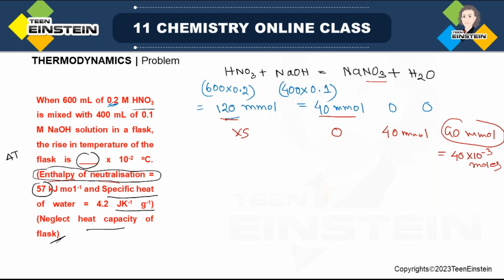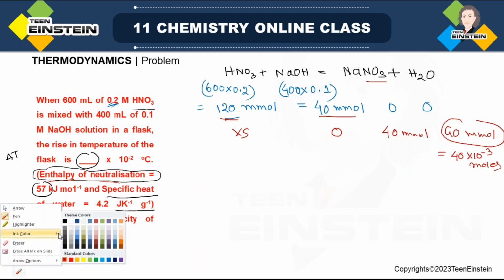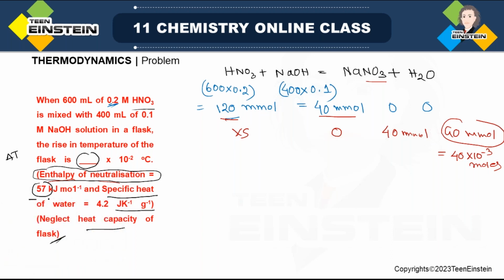We are doing this because the enthalpy of neutralization is given as 57 kilojoule per mole, and you now know the total number of moles involved. So the heat liberated is equal to 57 kilojoule per mole.